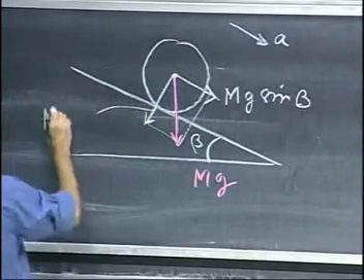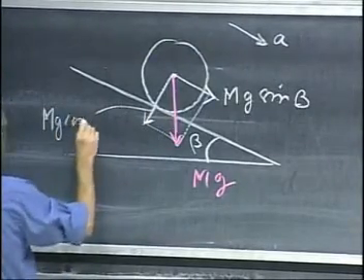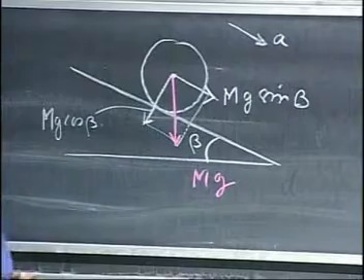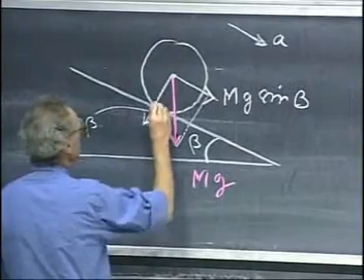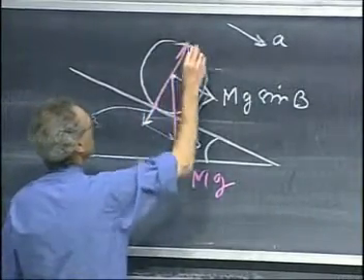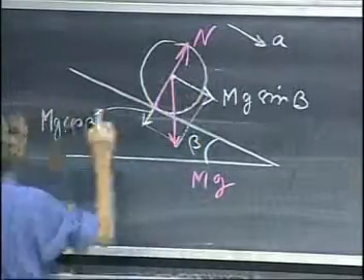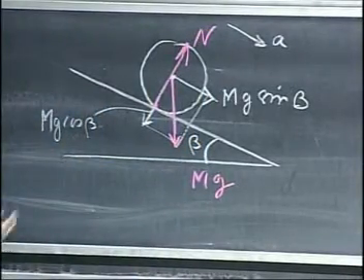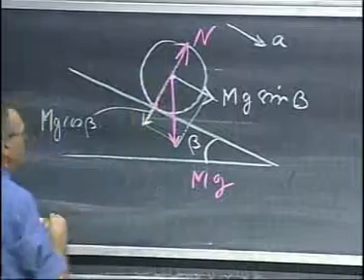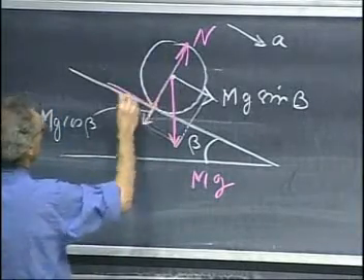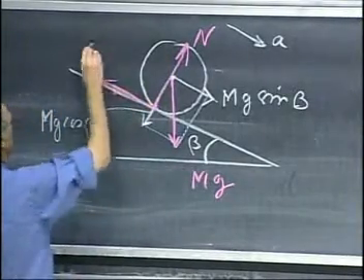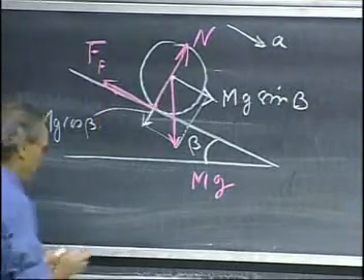And this one equals mg cosine beta. Then there is right here a normal force, and the magnitude of that normal force is mg cosine beta. So there is no acceleration in this direction. And then we have a frictional force here, for which I will write F of F.